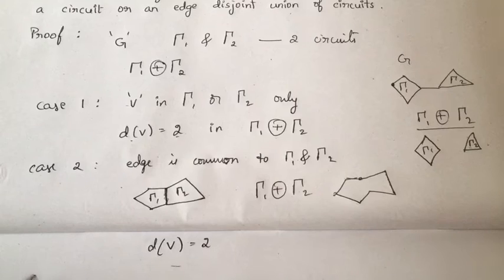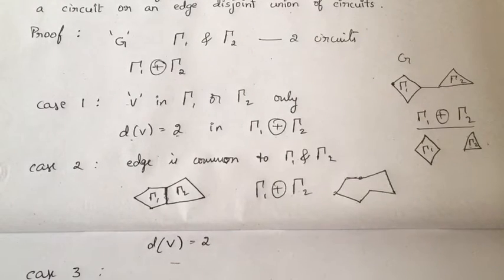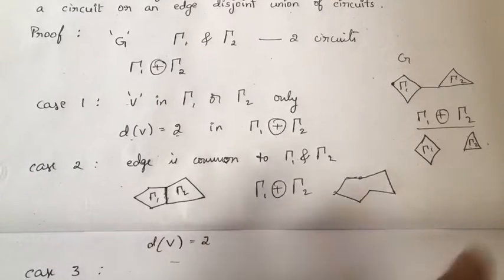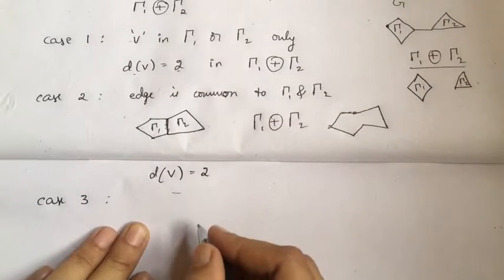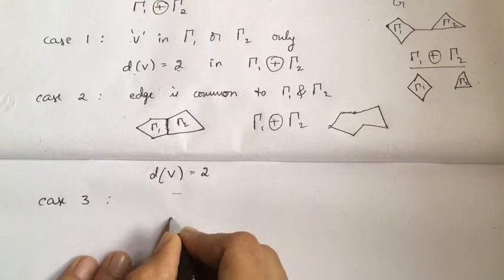The next case is if gamma 1 and gamma 2 just intersect at a vertex, say V. What happens if they intersect at a vertex V like this?